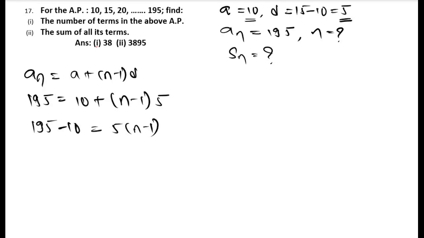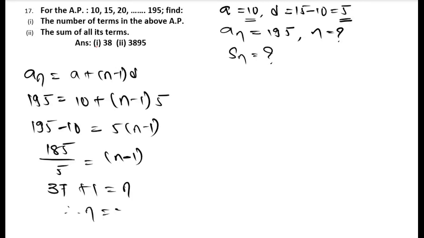So 195 minus 10 is 185, divided by 5 is equal to n minus 1. So 5 threes are 15 and 5 sevens are 35, plus 1 is equal to n. Therefore, n is equal to 38. So that last term 195 is the 38th term.